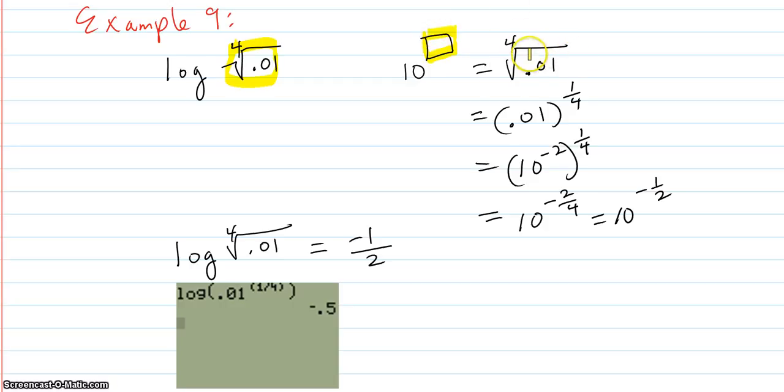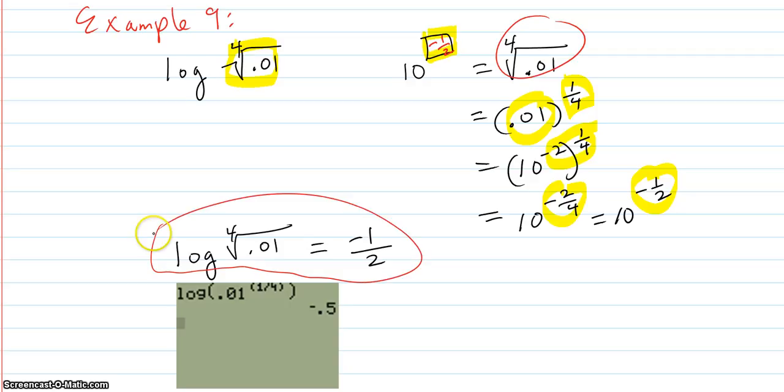Well, we have to simplify this number, and we're looking for exponents, so we change this radical into an exponent of 1/4, and then we have to express the 0.01 in scientific notation, that's 10 to the minus 2, and that's to the 1/4 power, so it's 10 to the negative 2/4, and we reduce that to negative 1/2. So negative 1/2 is the number that had to be put up there to equal this. So we have our outcome here.